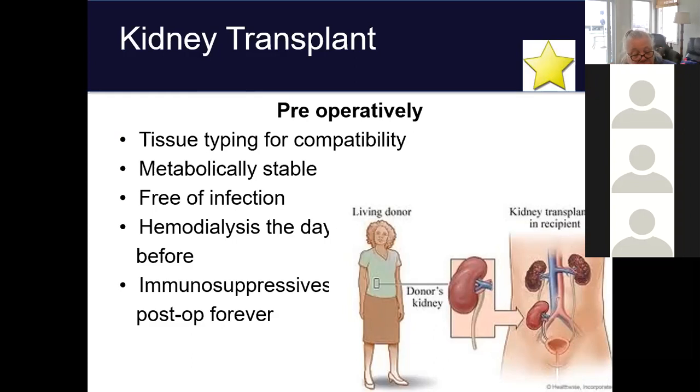The only time you're going to find an exact match for all factors is obviously with identical twins. I don't think that happens all that often. But the more factors that match, the less chance for rejection. Patients get their hemodialysis the day before, and then postoperatively, as I said, they're immunosuppressed forevermore.